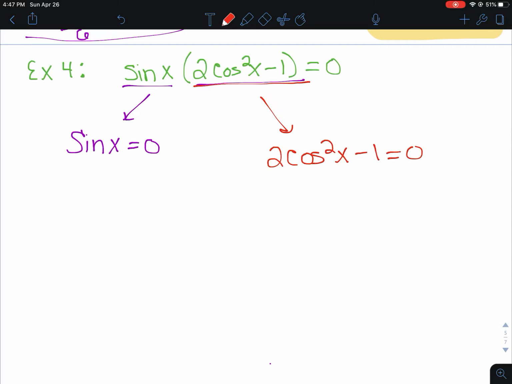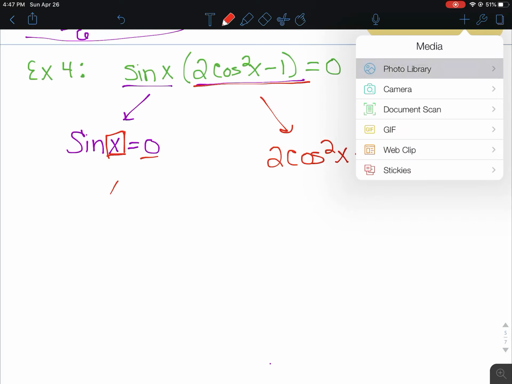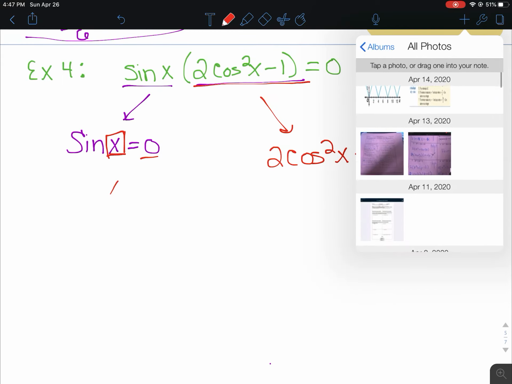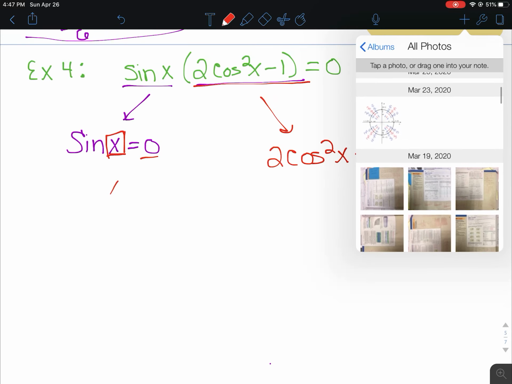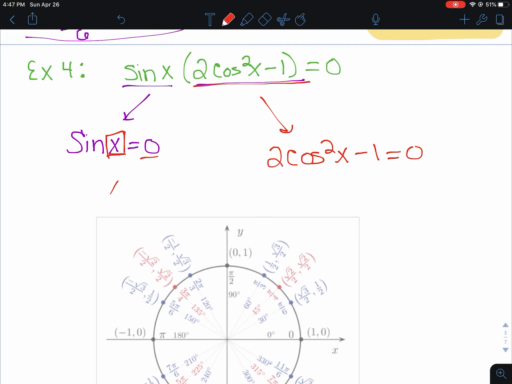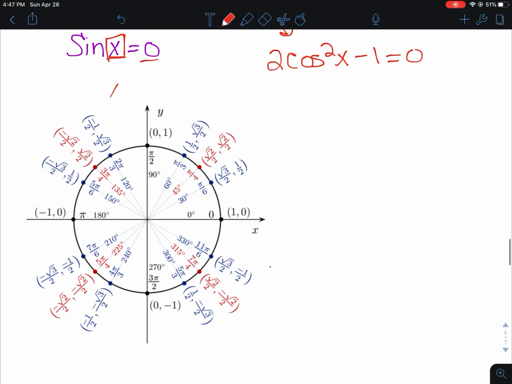So sine of x is equal to 0. That's the first one. So what is x? What angle do we have when the sine is 0? Again, if you've memorized your unit circle at this point, you might know. But if you haven't, let's look at our unit circle. Where is the sine 0?